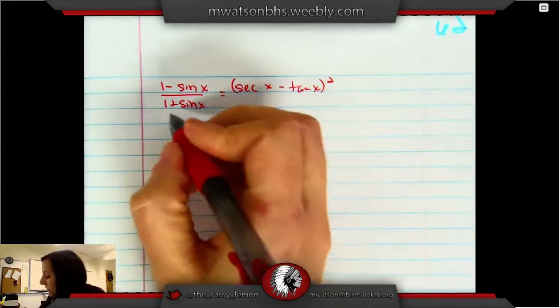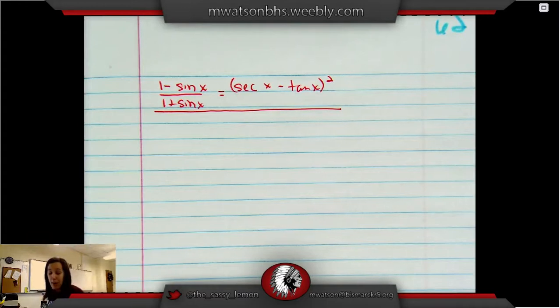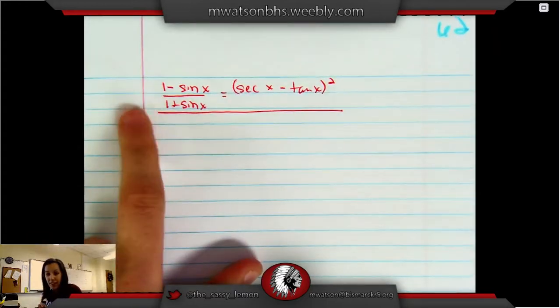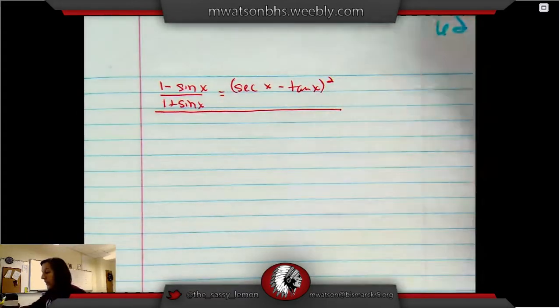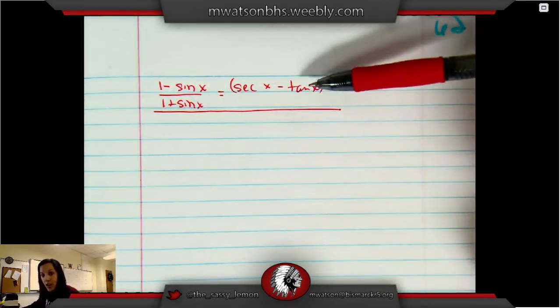Okay, so which side to choose? Well, since we're in the conjugate section, you're probably with me on this, that we're going to change this side. We want to manipulate this left side to look like this right side.